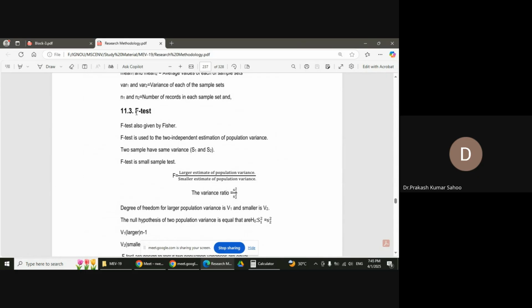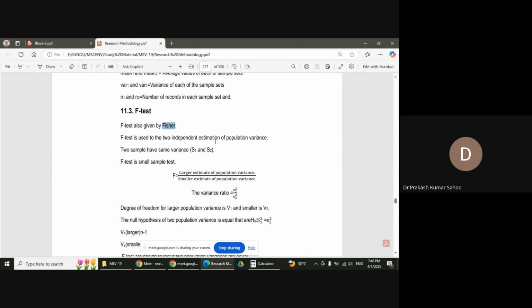Then F test. The letter F comes from the scientist or mathematician Fisher. F test is used for two independent estimates of population variance. Two samples have the same variance S1, S2, then F will be the larger estimate of population variance divided by the smaller estimate of population variance.